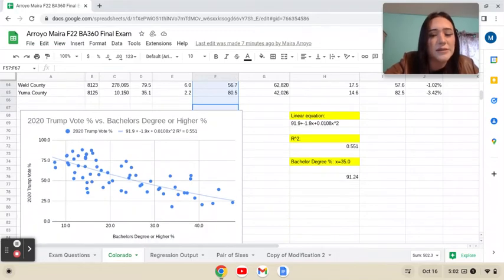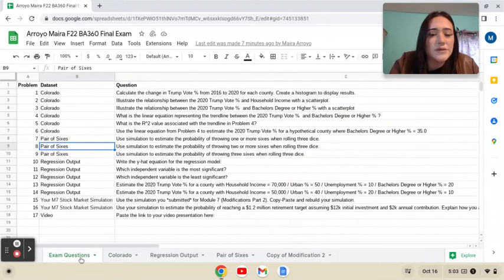I did the same: I highlighted the column that had the 2020 Trump vote percentage and the bachelor degree or higher percentage. Those two are right next to each other, so it wasn't hard to highlight. As you can see, this is more together. You can see the line going through it, which is the next question. But that's my scatter plot for those 2 columns.